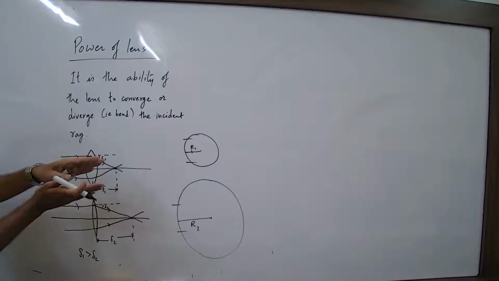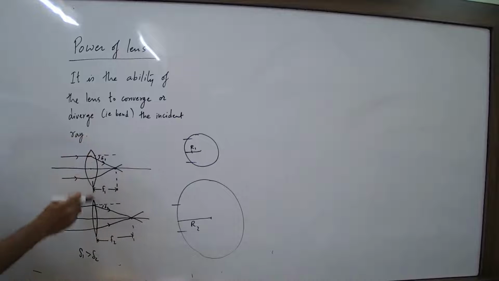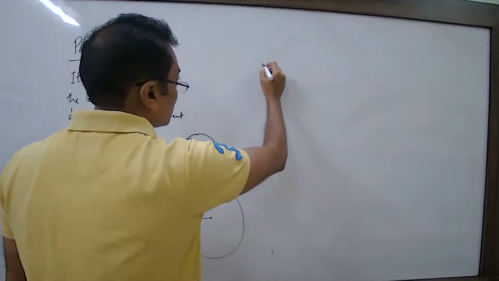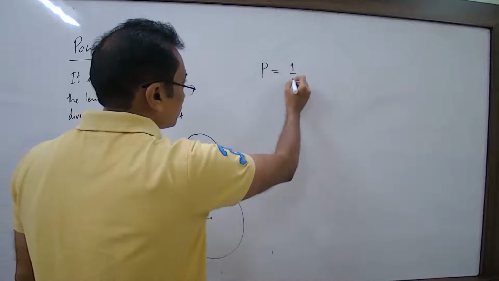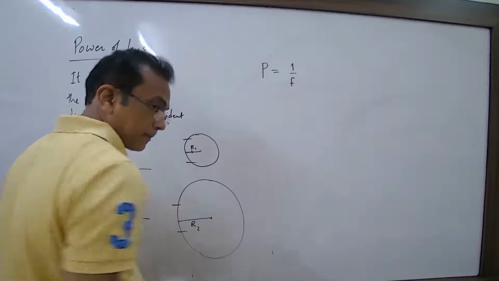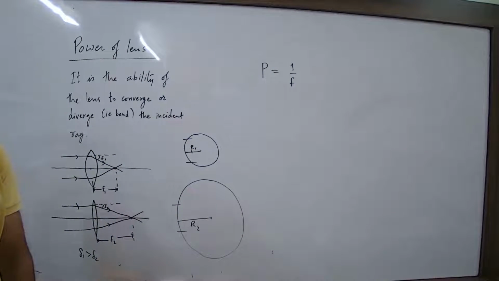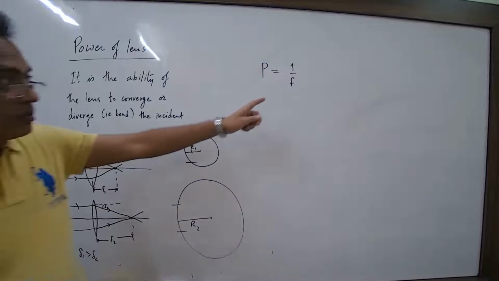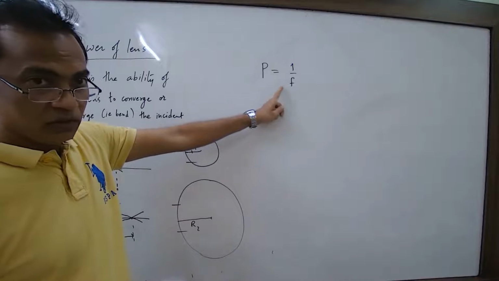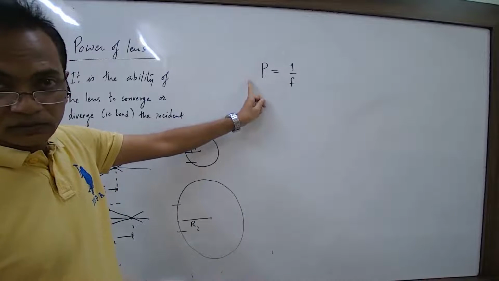Likewise, if any lens diverges more, it will be more powerful than a lens which diverges less. Got it? So more power, less focal length. That's why power of a lens is defined as reciprocal of focal length. Less denominator, more power, right?